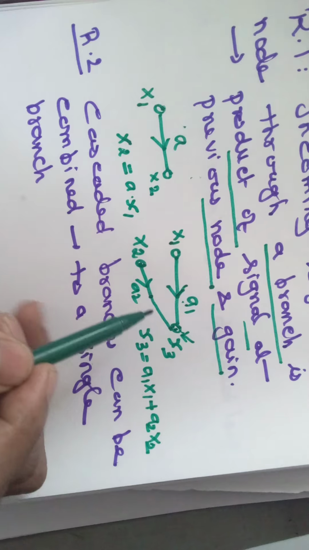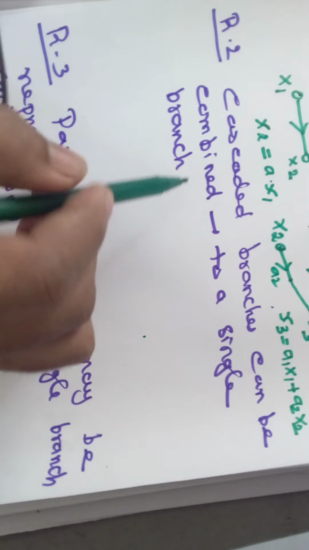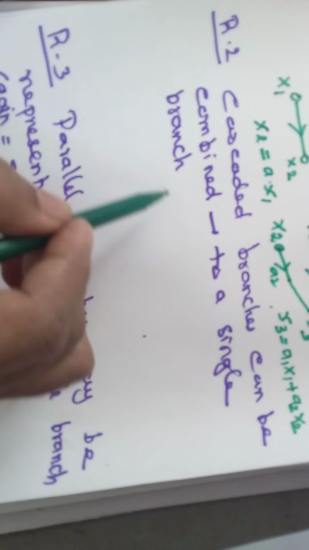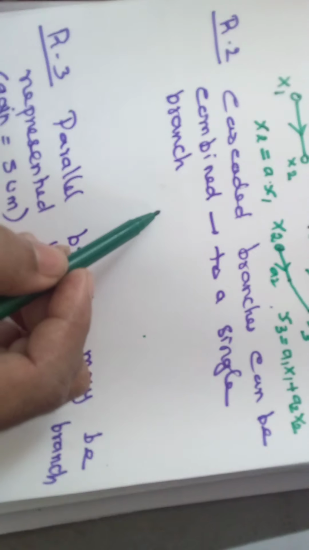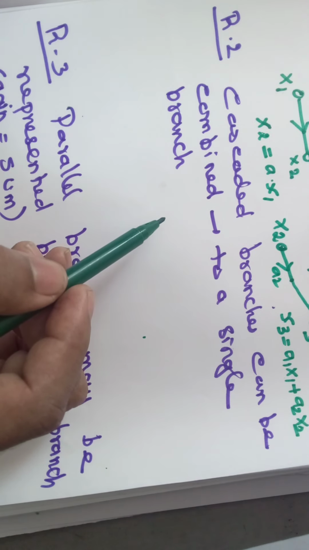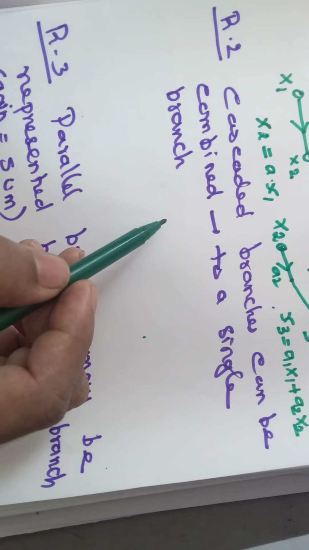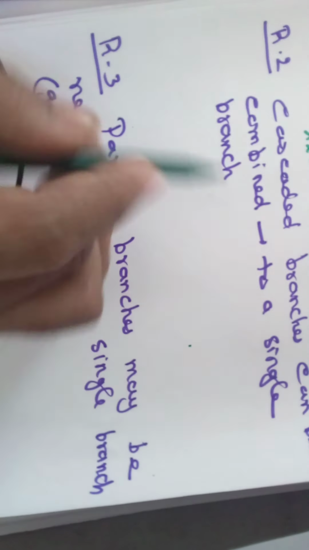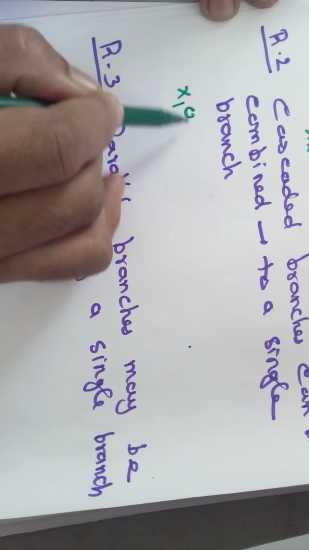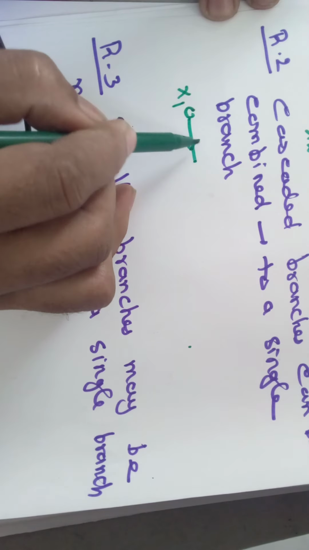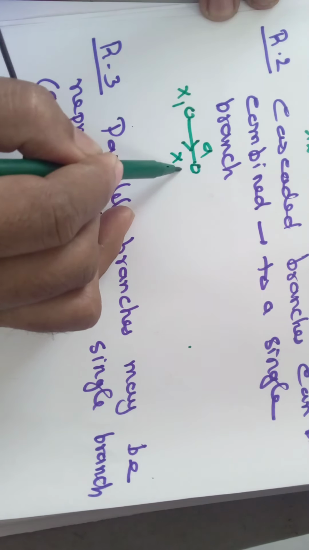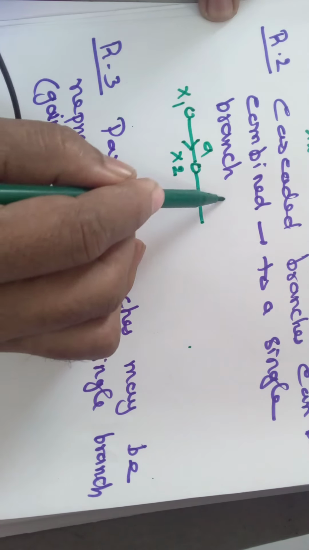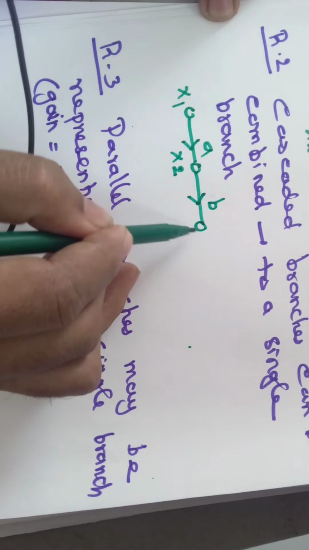The next rule is cascaded branches can be combined to a single branch, whose transmittance or gain is equal to the product of the individual branch transmittances, right? For example, here you have a node x1, a signal with gain a from this node reaches another node x2, and once again the gain through this path is b, and it reaches another node x3.